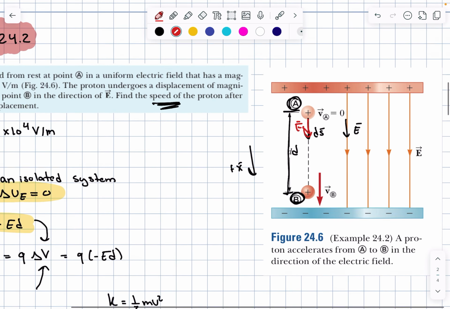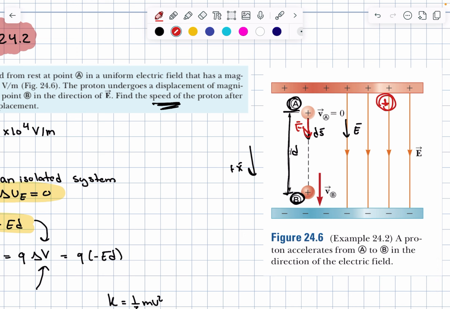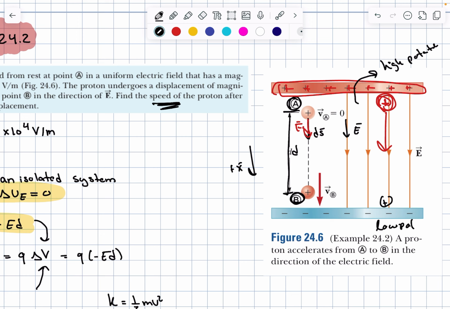So here, if I were to place a positive charge really, really close to this positive area here, it's going to really want to fly away pretty fast because they're just so close. It's going to feel a large repulsive force. We can talk about that in terms of this area being an area of high potential, and this down here being an area of low potential.